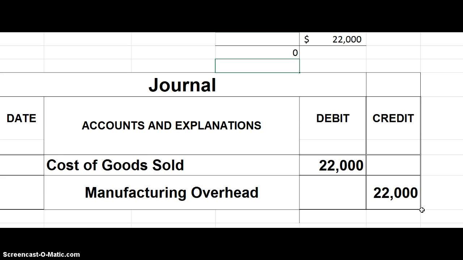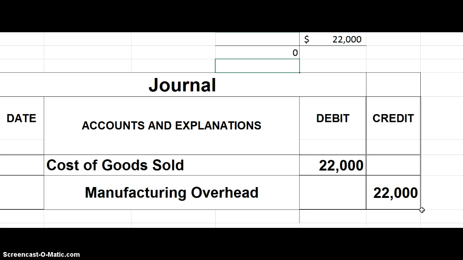So there's our journal entry. With our cost of goods sold going up in this journal entry, the gross profit we've made on all of those jobs would go down. Cost of goods sold is a manufacturer's and a retailer's biggest expense.